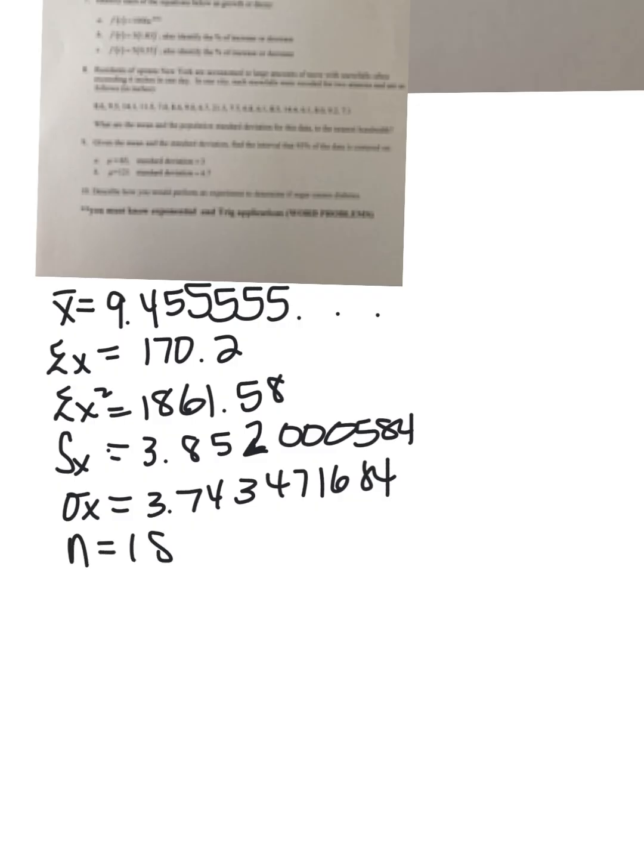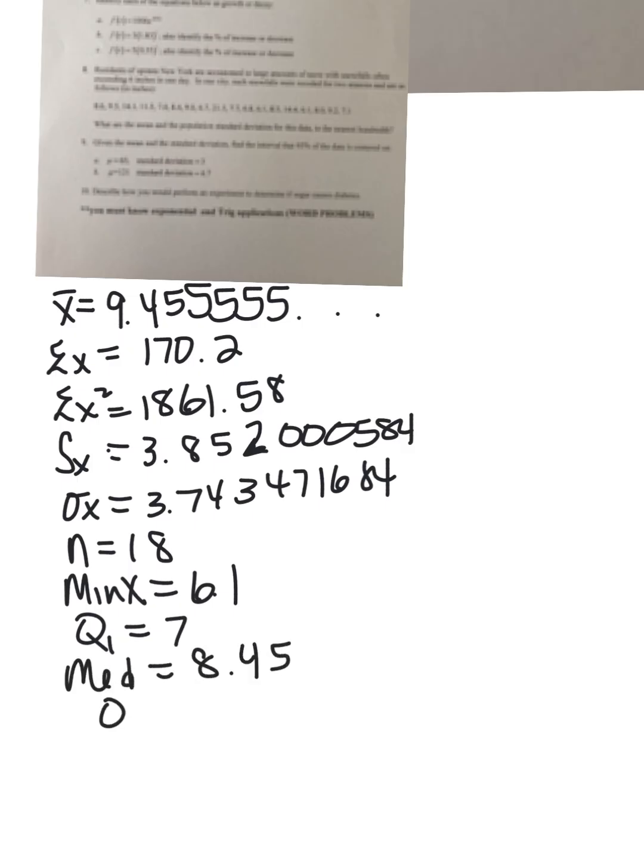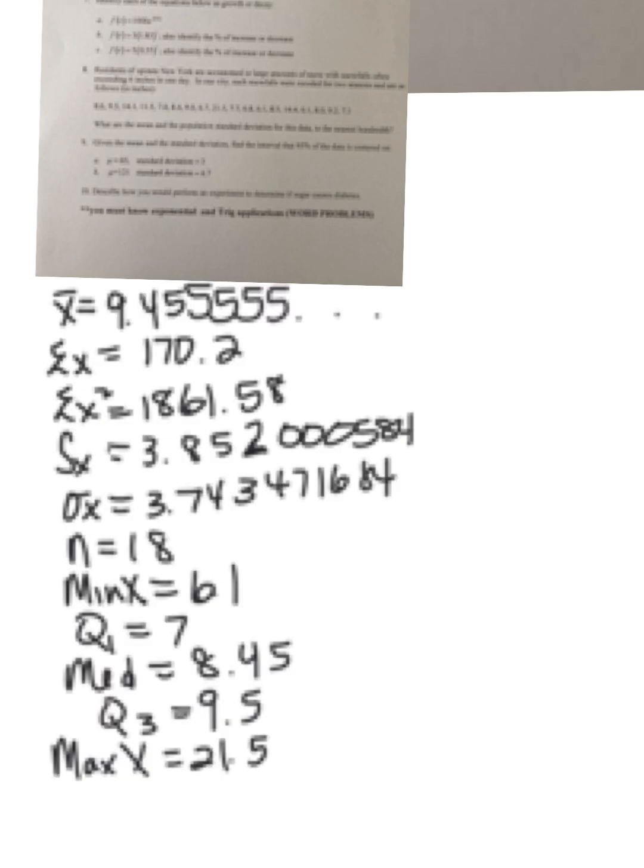And n is 18. Then we have min x, the smallest piece of data, which is 6.1. Quartile 1 is 7. Median is 8.45. Quartile 3 is 9.5. And max x, the largest piece of data, is 21.5.